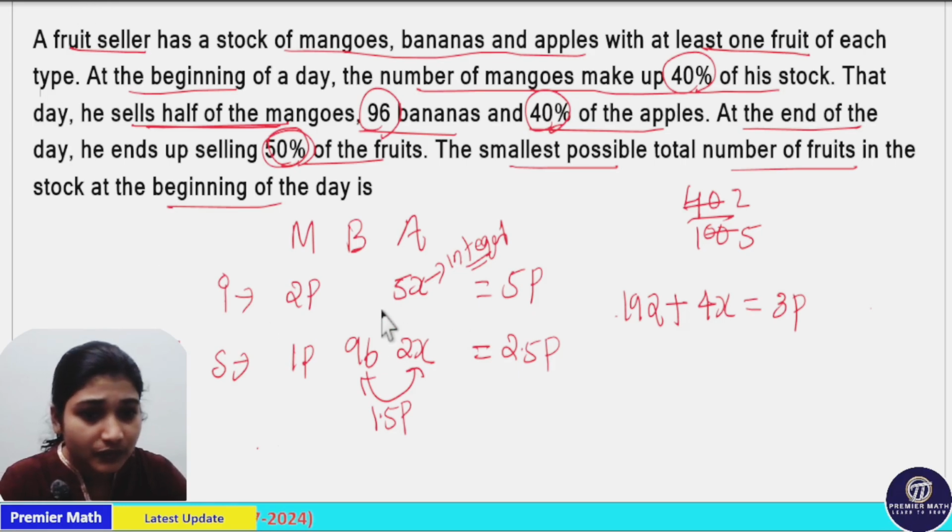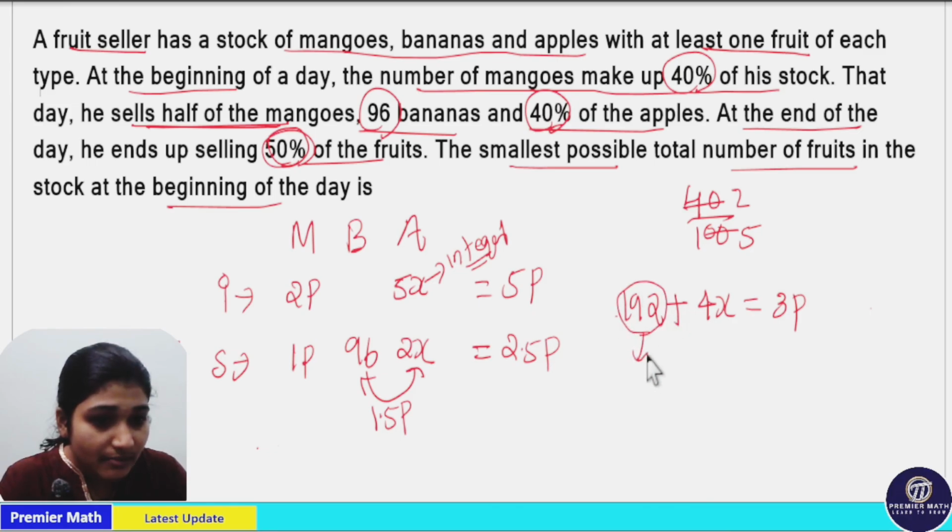Now if you look at this, 192 is a multiple of 3. And this is also a multiple of 3. Which means this 4x should be a multiple of 3. Now, x should be an integer.